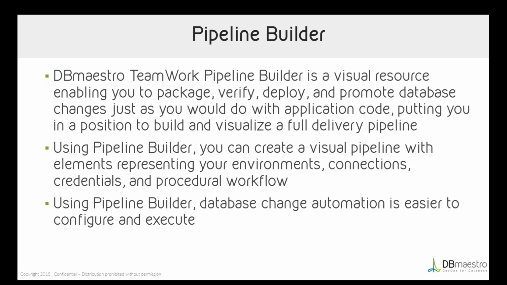You create this pipeline and add the different information about your environments, and it stores the connection information and encrypts the credentials, so you can automate this process much more easily and not have to re-enter the same information over and over. We store the basic information inside the pipeline so that when you go to automate, it's much easier. So this was one of our new changes that came out.